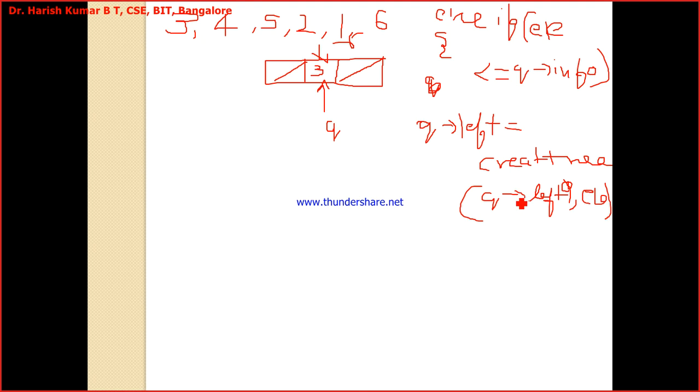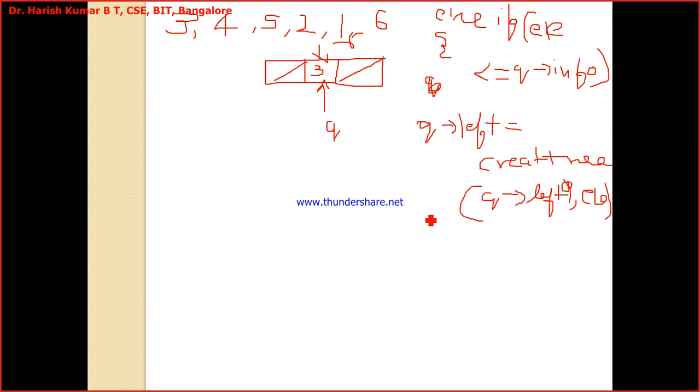So this is what recursively traversing is. Every time I call create tree with q arrow left, the left subtree of the node is traversed. Okay, and this is repeated as long as there are left subnodes.